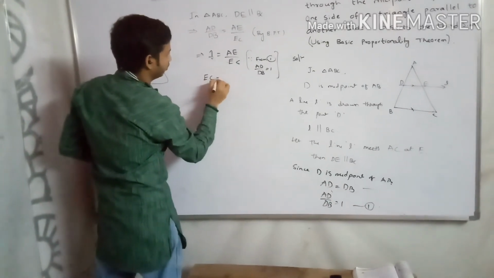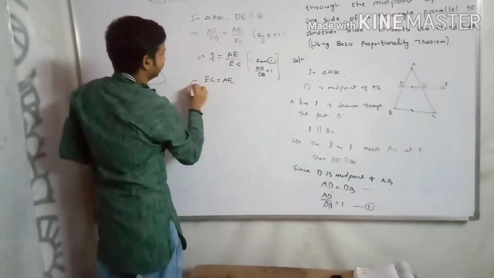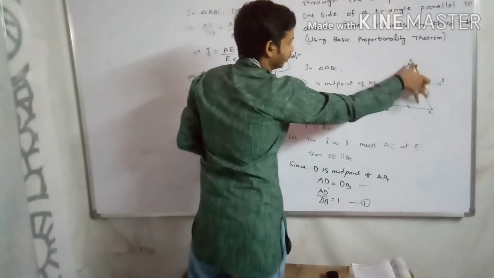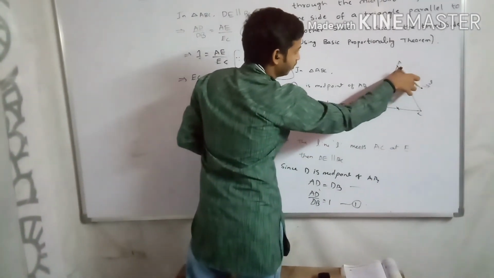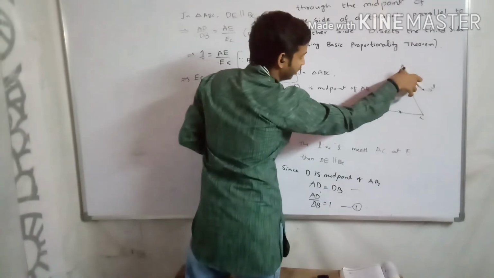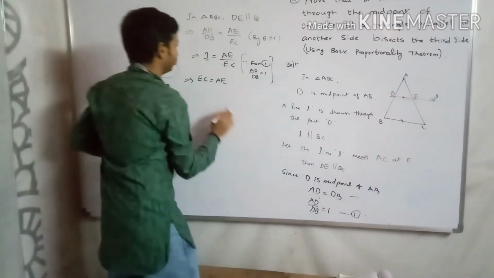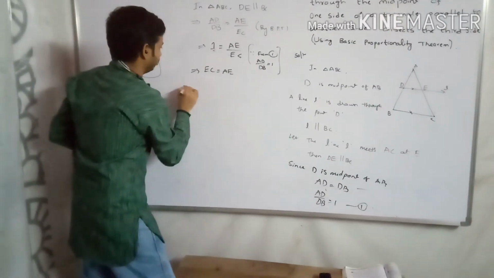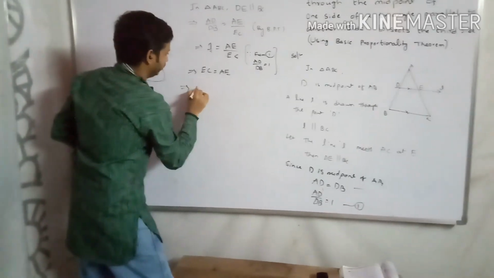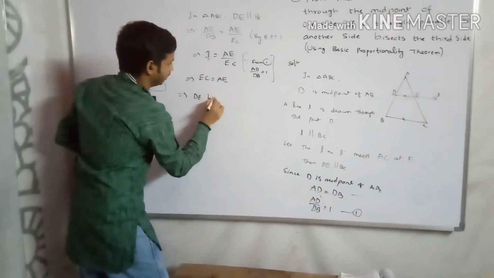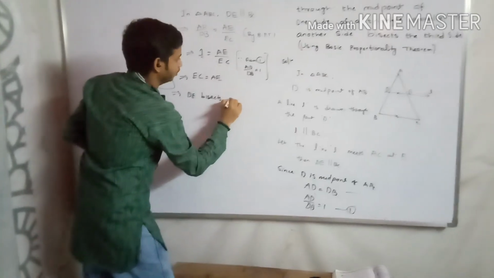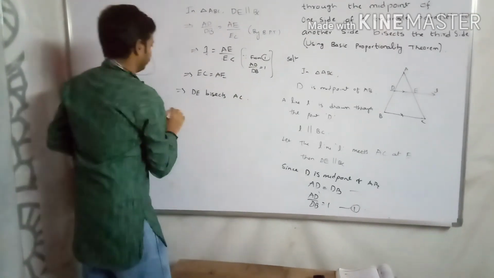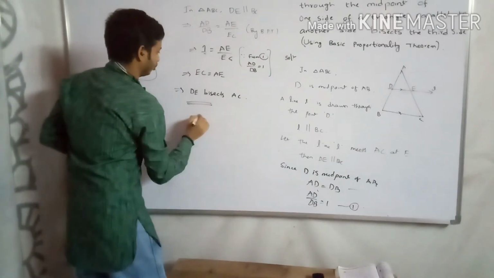That means EC equals AE. That means in triangle ABC, in the side AC, AE equals EC. It implies DE bisects AC. So this is the required proof, hence proved.